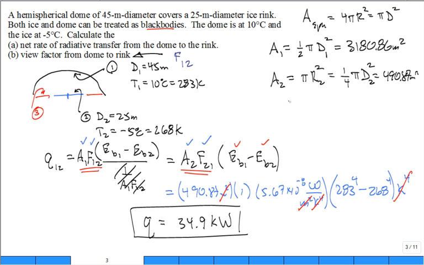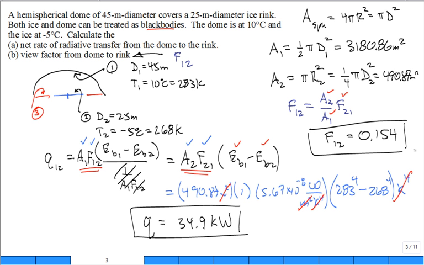Is the view factor 1 to 2 equal to the view factor 2 to 1 times area 2 divided by area 1, from reciprocity? We already know view factor 2 to 1 is 100%, and we calculated the two areas. That's one of the reasons I wanted to calculate them. And then we get the view factor 1 to 2 is equal to 0.154.